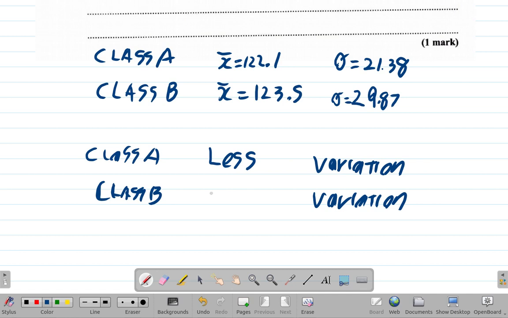Less variation than class B. Or you could say class B has more variation, or they vary over a wider range, right, than class A. However you want to put it. The important thing is that you show them that you know what the values mean when you talk about standard deviation.